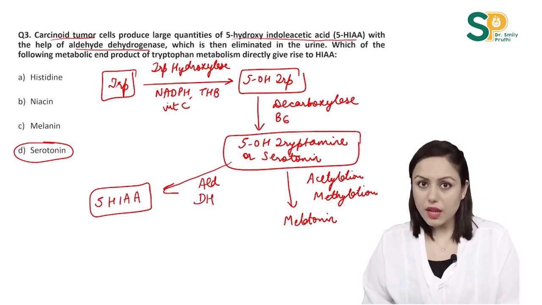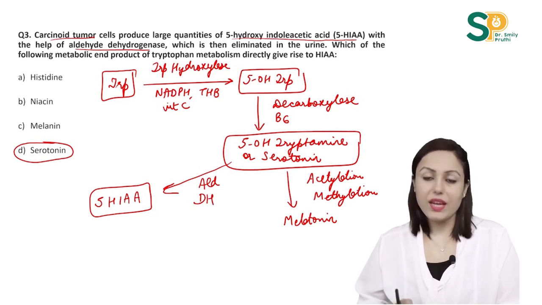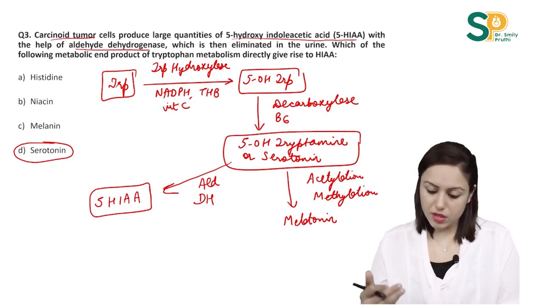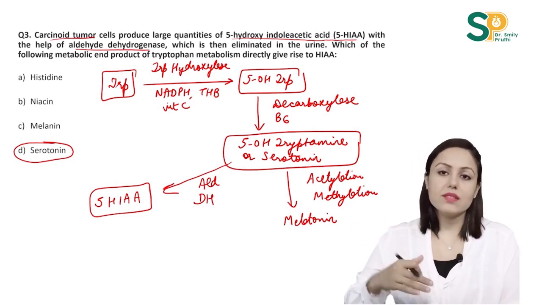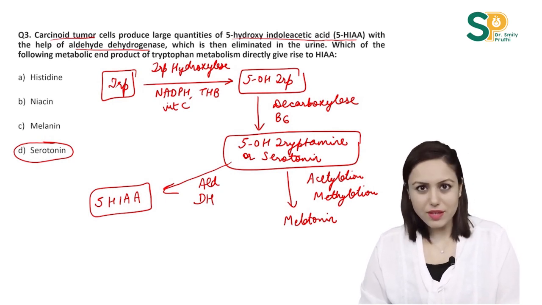Okay, so read the last line of the question once again. Which of the following metabolic end products of tryptophan, right? The metabolic end product of tryptophan here is serotonin. That is directly giving rise to hydroxyindole acetic acid, right?